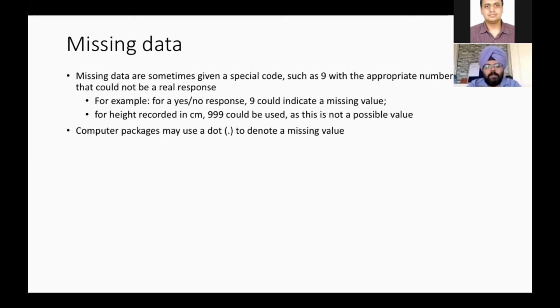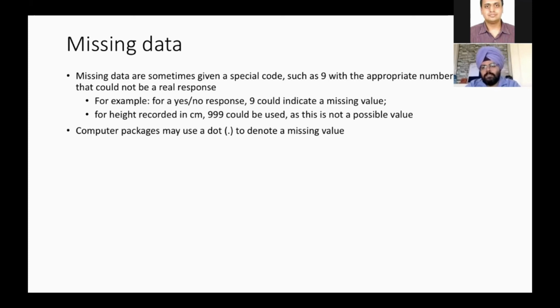For example, if a height is recorded in centimeters and the value is not available, we can write it as 999 centimeters. 999 centimeters may not be a possible height, because the average height of a human being is around 1.7 meters to say around 2.5 meters. So 999 is a response which cannot be there in reality.